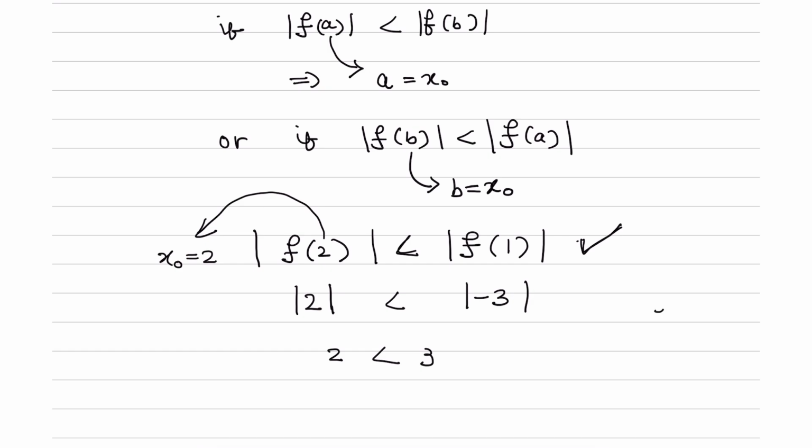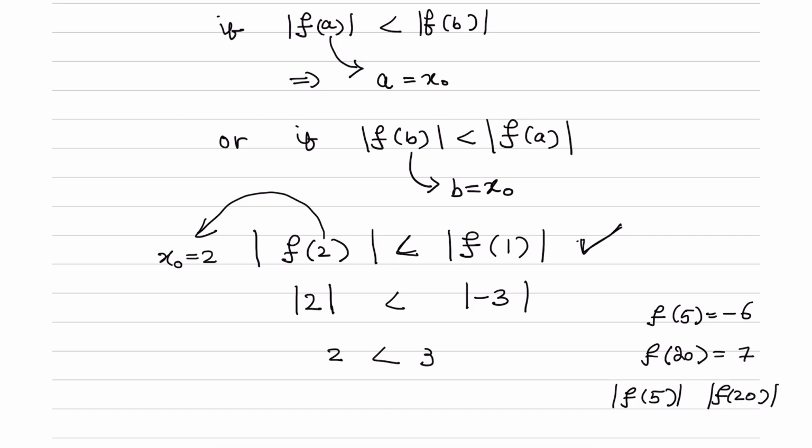Let's try to understand this through an example. Let's say you have f of 5 as -6 and f of 20 as 7. So f of 5 is being compared with f of 20, but we will have to take the absolute value of both.